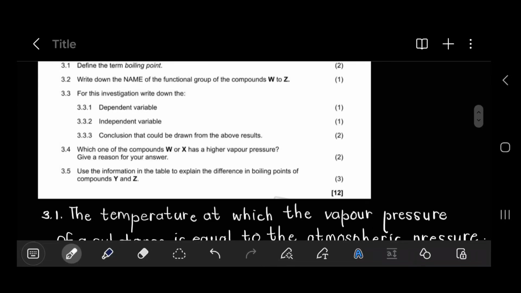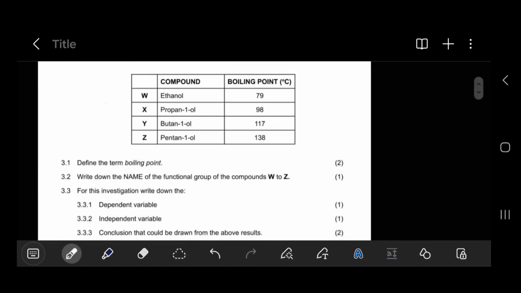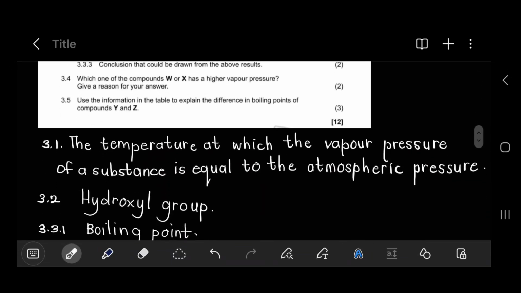3.3.3 says the conclusion that can be drawn from the above results. What we notice here, and I mentioned it at the start, is that from top to bottom, as the chain length increased, the boiling point increased as well. So that is the conclusion.